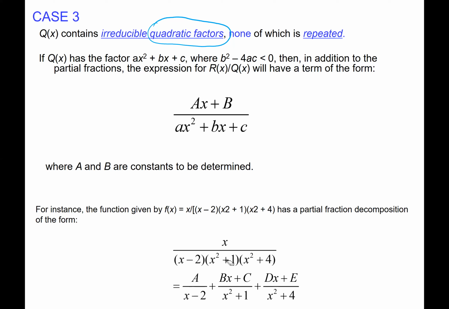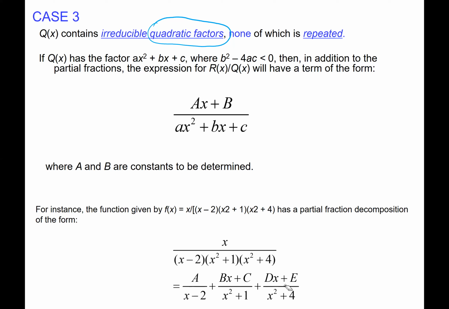But the rest of the factors, x squared plus 1 and x squared plus 4, are the quadratic one, which we can't reduce. This means that we have to put them in the denominator, and this will be the denominators of the partial fraction.